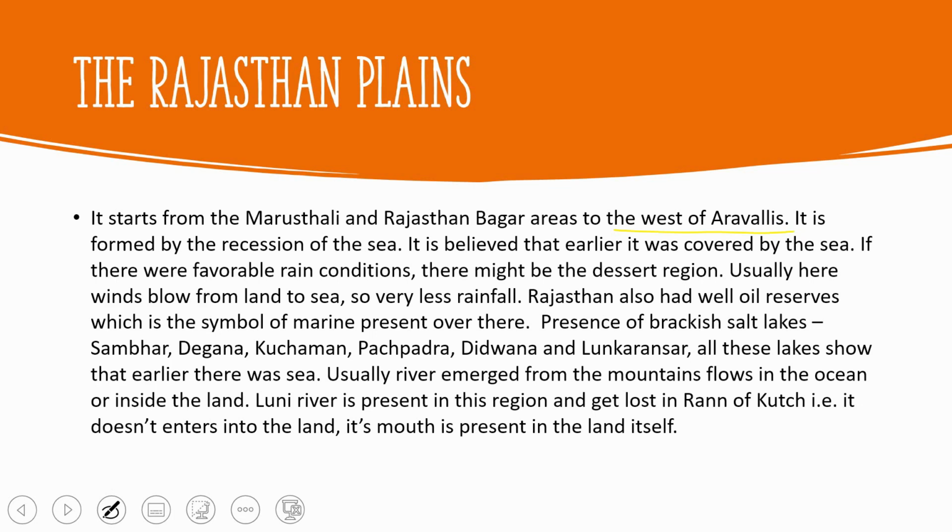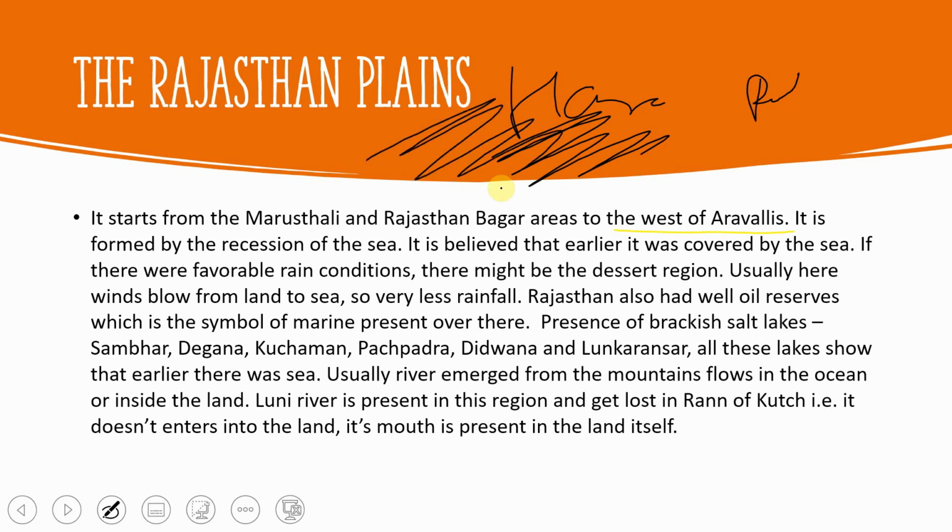When you read the Harappa and Mohenjo-daro lecture, on the Vedic, Harappan or Indus civilization, you will find that these areas, Rajasthan and Afghanistan, were very fertile. They were a fertile region, and lots of trees were there. Now we are seeing a desert area. It is said that earlier Rajasthan was under the sea level.